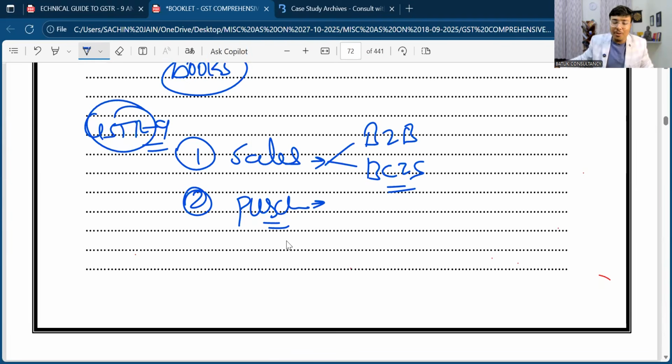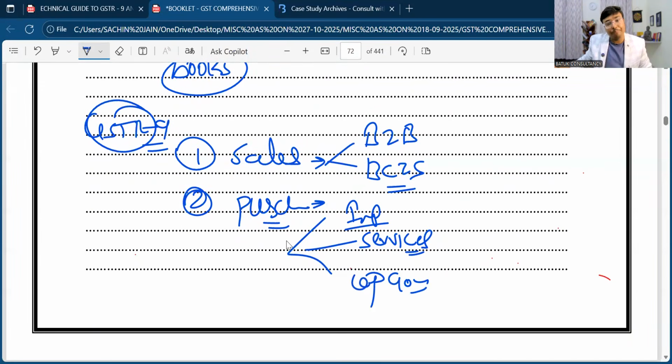Okay, when you are claiming the input tax credit, there may be chances that you have made the purchase of input, or there may be chances you have taken the services. There may be chances for your business you have bought certain capital goods like plant and machinery, like you require one air conditioner in your business, so you have bought a AC. So there may be chances of purchase of capital goods. Okay, so sales you have made for B2B, B2CS, purchase maybe input, maybe services, maybe capital goods.